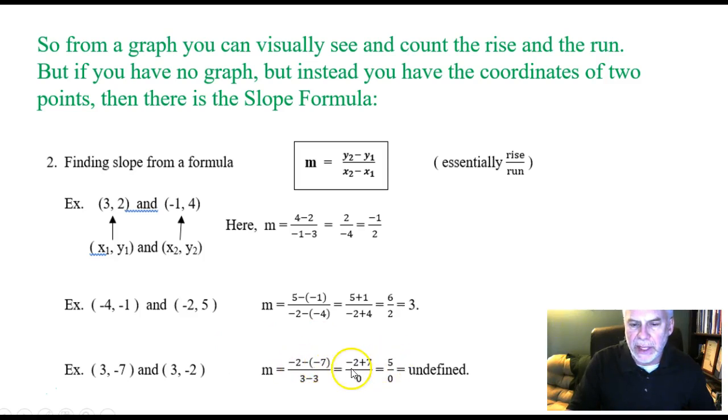Of course, that becomes negative 2 plus 7, or 5. And on the x's, x2 minus x1, that would be 3 minus 3. Well, 3 minus 3 is 0. And if you have 0 on the bottom, you cannot divide it. So you get undefined. Whenever you have 0 on the bottom, it's undefined. Okay? So that's how to use the slope formula to find the slope.